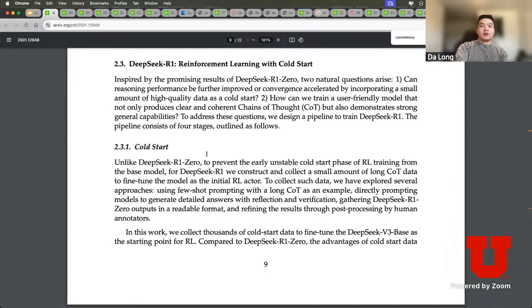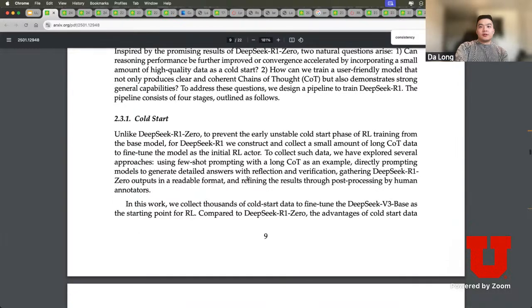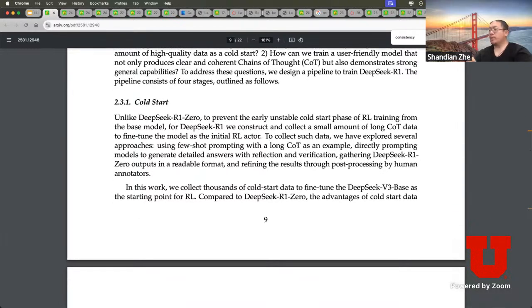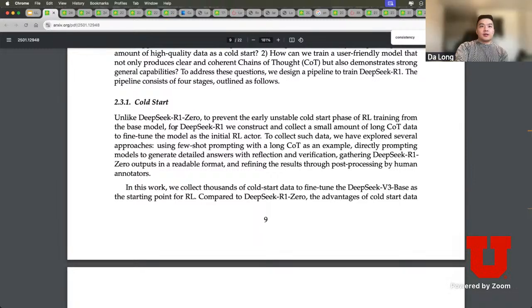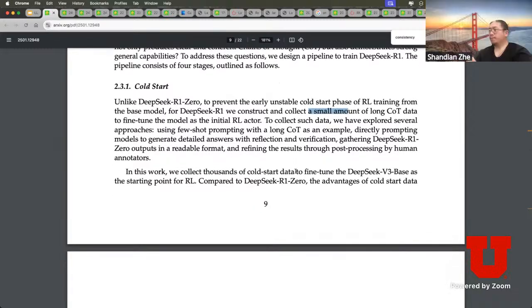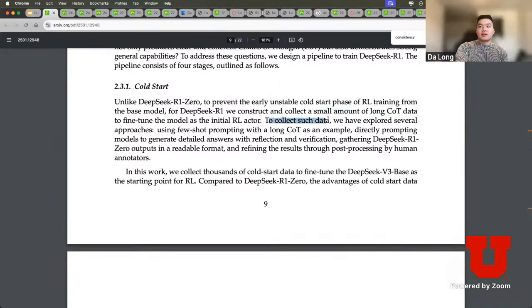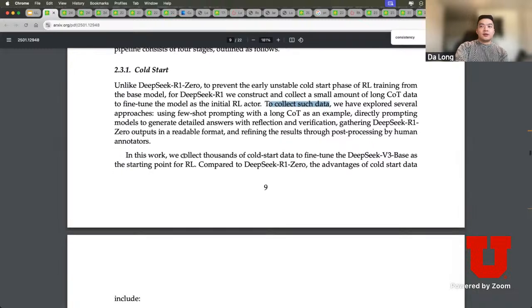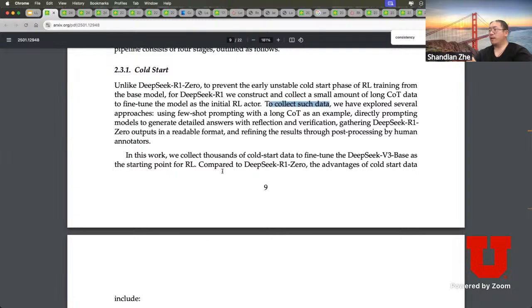So they claim that they still need to use supervised fine tuning as the cold start. The supervised fine tuning is still based on some chain of thought data. Here they introduce that they collect a small amount of long cold-start chain of thought data to fine tune, right? To collect such data, they explore several approaches. Those datasets are collected by themselves.